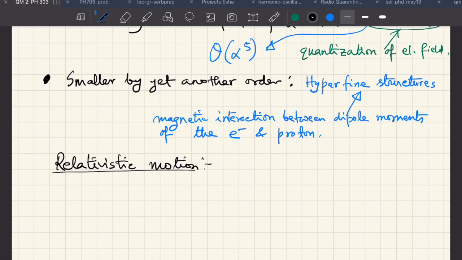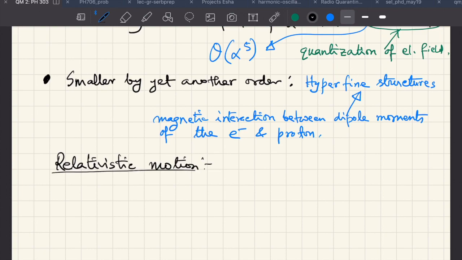It creates a lot of problems. To do things properly, you need to work in the framework of quantum field theory, and you also need to know the Dirac equation, both of which are beyond the scope of this course, of course.